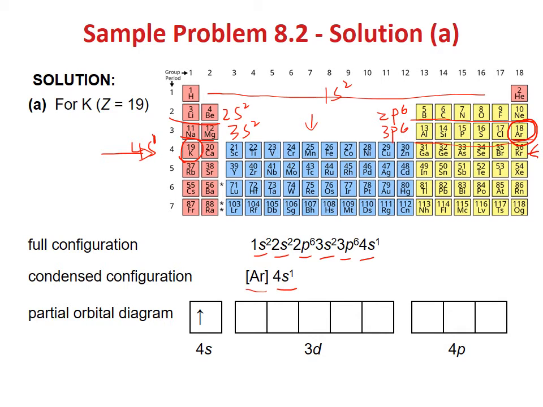But only one electron to fill this row or this period. So it's in the 4s orbital, one electron. Okay, so that's a partial orbital diagram. Now, how many inner shell electrons, core electrons? Well, this is outer shell. Outer shell only has one electron, so inner shell should have 18 electrons.